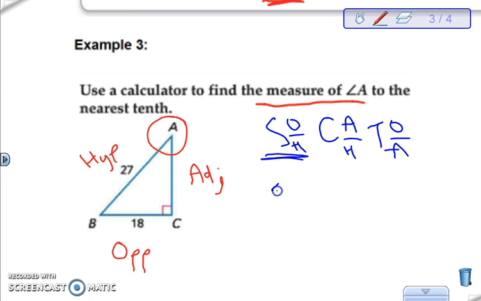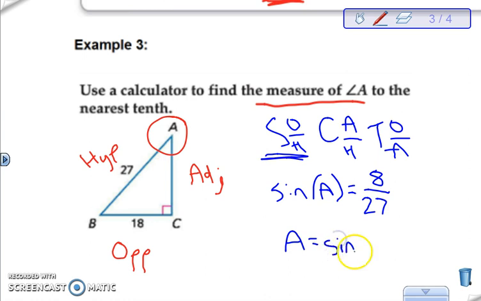So I'm going to say the sine of A is equal to 8 over 27. And if I am solving for A, I'm going to get my calculator out, and instead of typing sine A because I don't know what A is, I'm going to type inverse sine of 8 over 27.